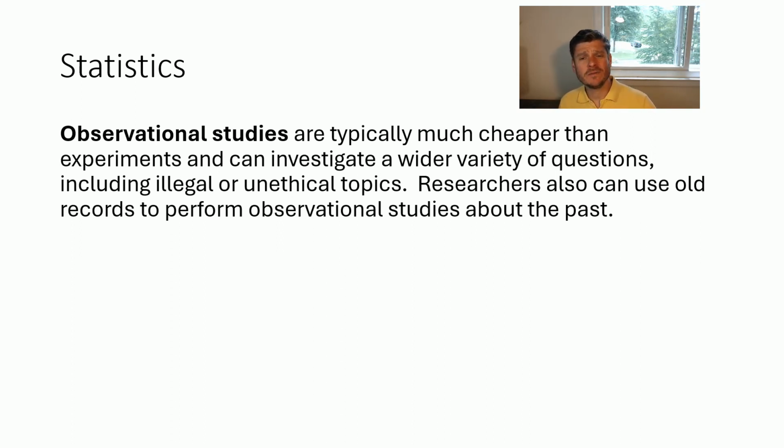They're asking, how do you feel about some particular topic? And then they're just recording the results. That's an observational study. And like I said, they are much more common, they're much cheaper, and they are the only way that we can possibly study any unethical topic or sometimes any illegal topic.